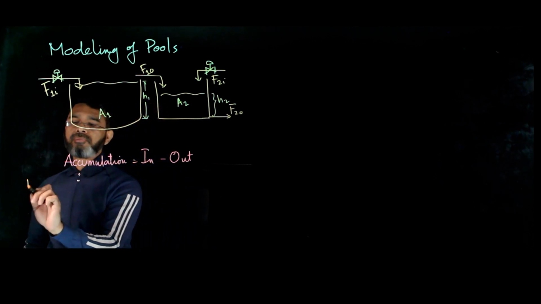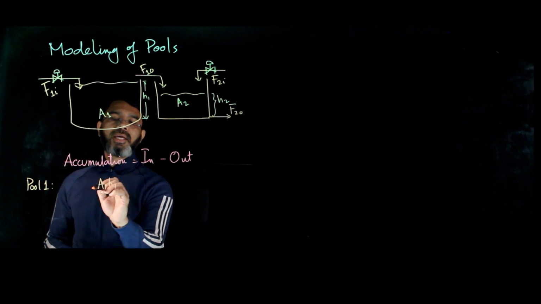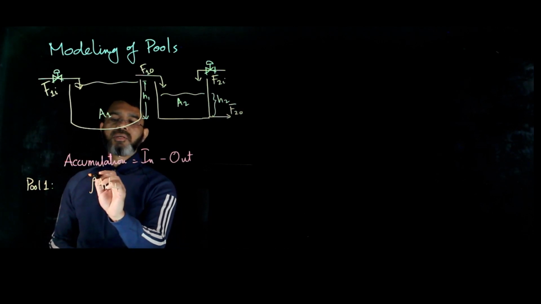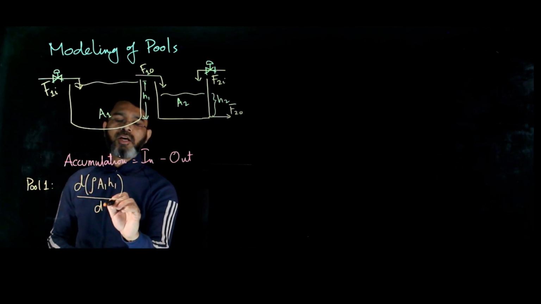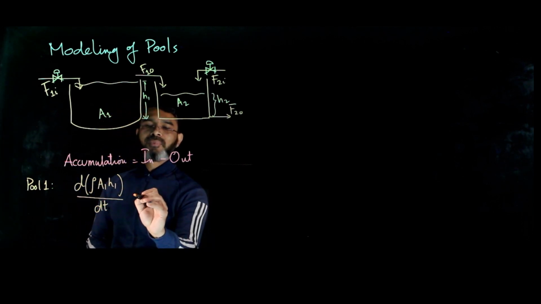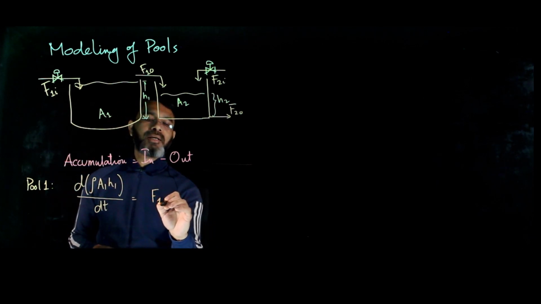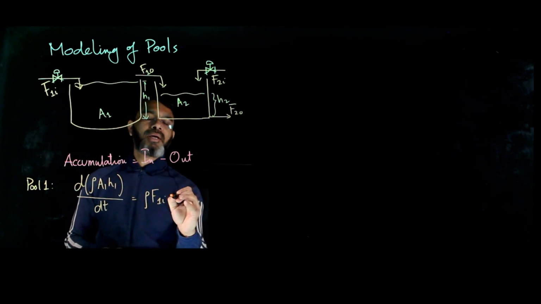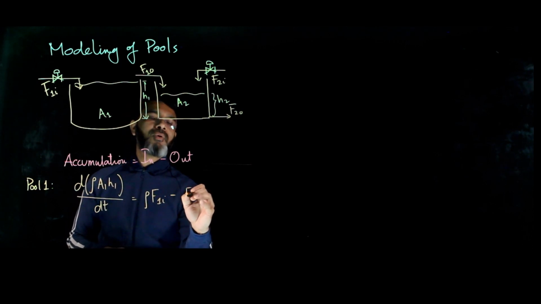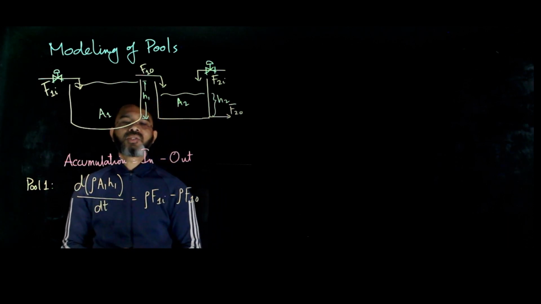For pool 1, mass will be given by, if you have the volume given by A1 H1, you multiply it by density, you get the mass, and rate of accumulation will be given by d of mass over dt, and mass in will be given by F1I, the flow in, multiplied by rho to get the mass, and again F1O is the flow out, multiplied by rho to get the mass out.